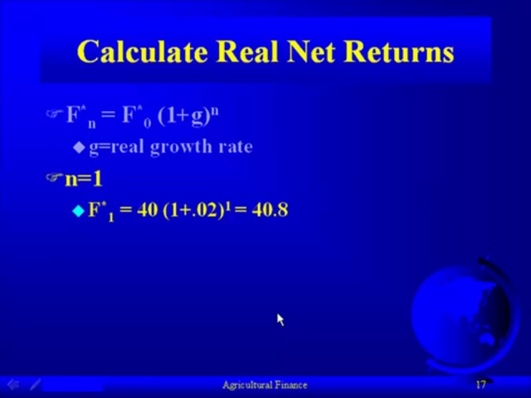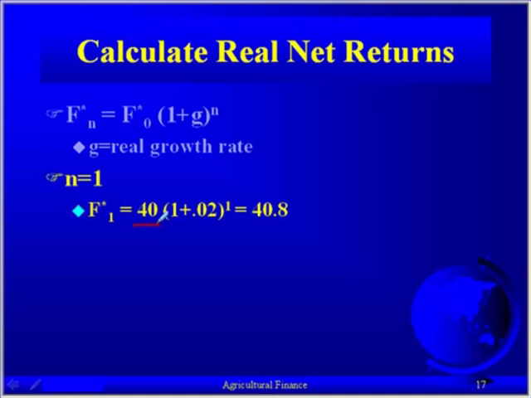So we see that the real value is growing from F0 to Fn, where I used the star superscripted to represent that those variables are real. So in the first period, using today as our basis, the real net returns of $40 is going to increase at 2% per year. So we're going to compound that at 2% for one period, and it's $40.80. That becomes our real net returns at the end of the first year.